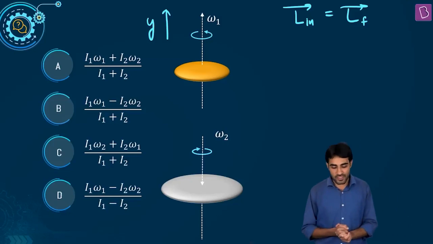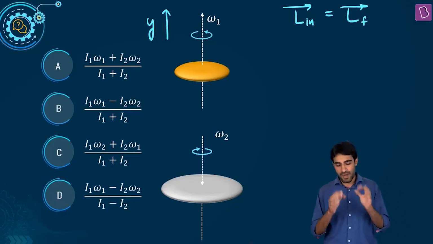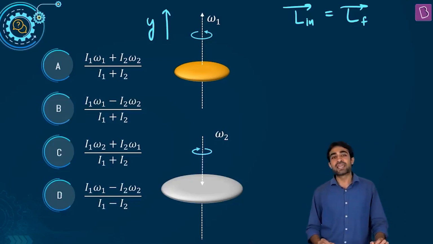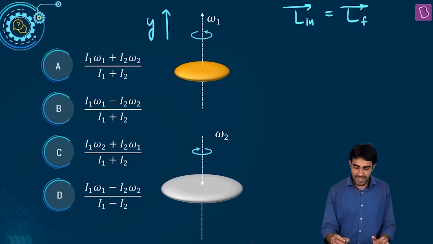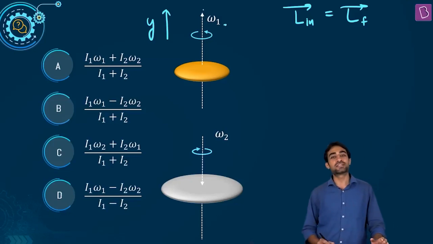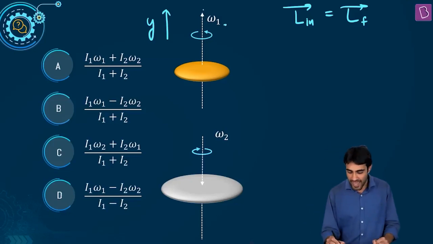Now let's look at omega1. Omega1, as you can see, is anti-clockwise in sense. So we can see that the direction of this angular velocity is upward, which is j cap. So we have angular momentum as I1 omega1 j cap.